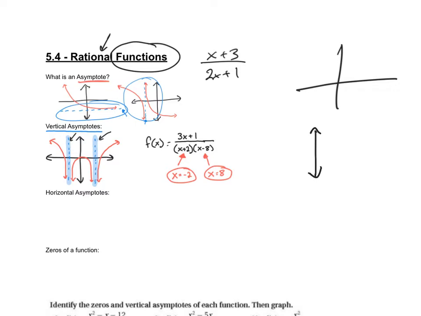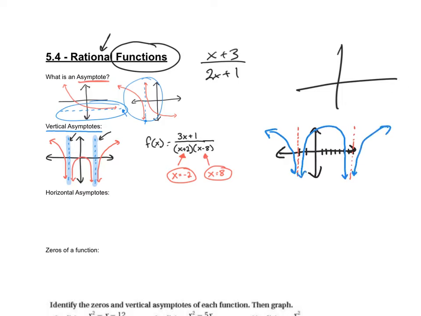So if I had a graph, I could literally go to x equals negative 2. We're going to put a little dashed line, and we know that the graph will never cross that. 1, 2, 3, 4, 5, 6, 7, 8. And then I can put another dotted line at positive 8, and we know the graph will never cross that either. Now, I don't know what the graph is doing in between. That's a whole different set. Usually when you have two asymptotes, you have one that looks like a U shape.